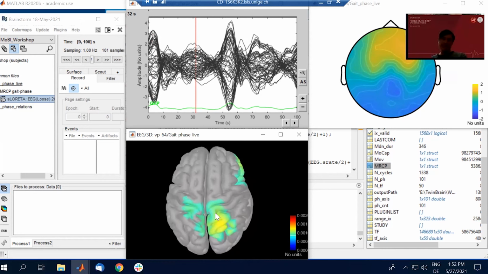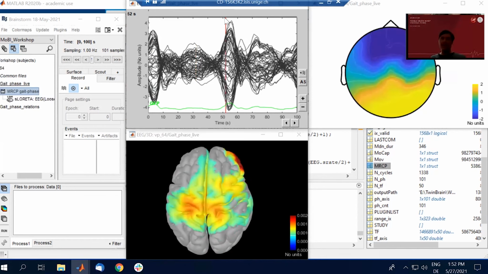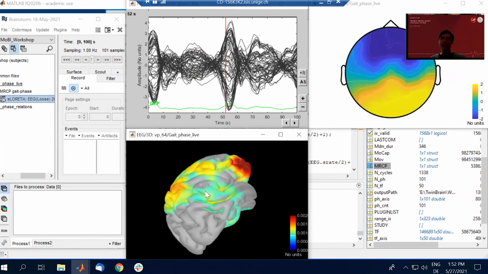But this, to me, looks physiological, this negativity over central areas. But to really prove that, we have to look at more subjects. But it's just to highlight that if you just compute simple averages of your data, which are aligned to the artifacts, more or less, to the temporal structure of the artifacts, you might get, even after removing some ICs, you might get even some artifacts in, and you never can be sure that this is physiological.